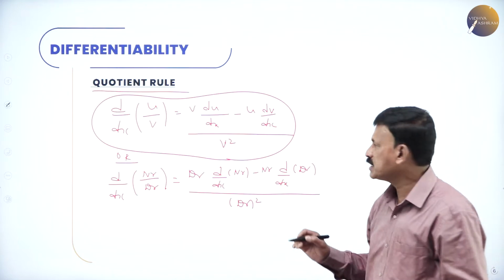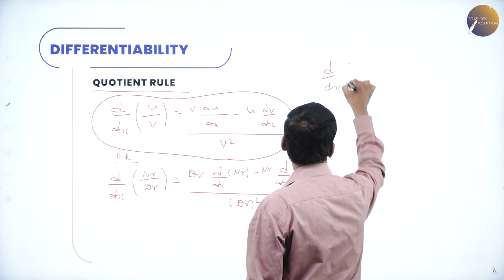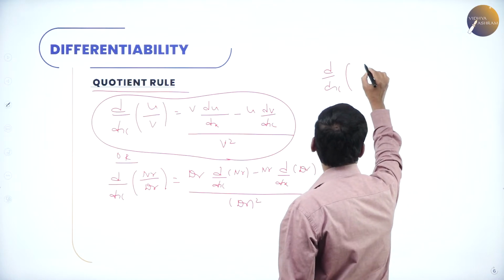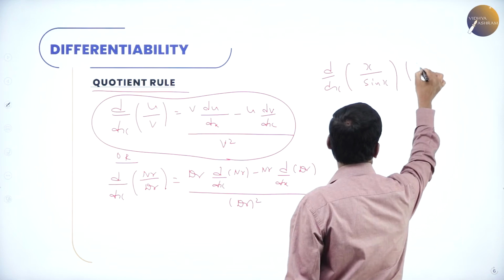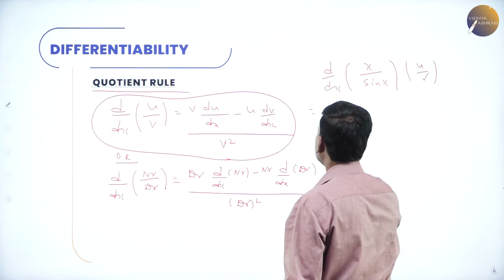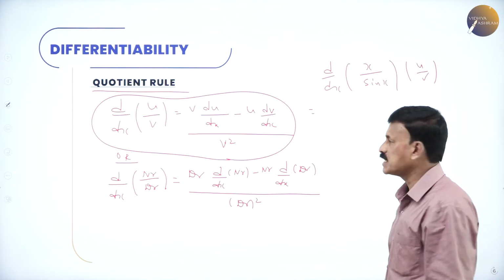Let us take one small example. Now d by dx of x divided by sin x. Now this is of the form u by v. What is the numerator? x. What is the denominator? sin x.